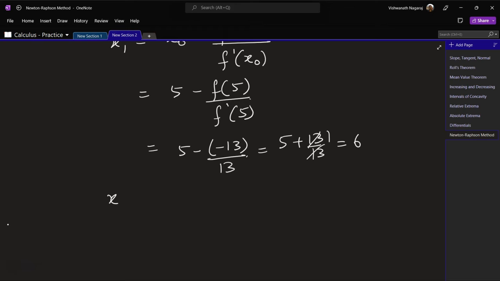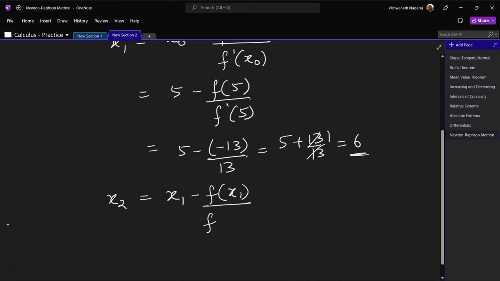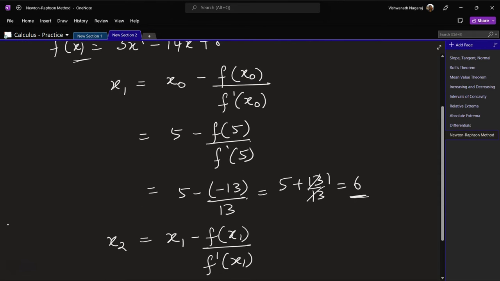Now let's see whether we can better this. So we apply this rule once more. Our second approximation is going to be, this becomes our x. Instead of x0, we will put x1 minus f of x1 by f prime of x1. So here it was x0, we were using our initial guess and evaluating it.